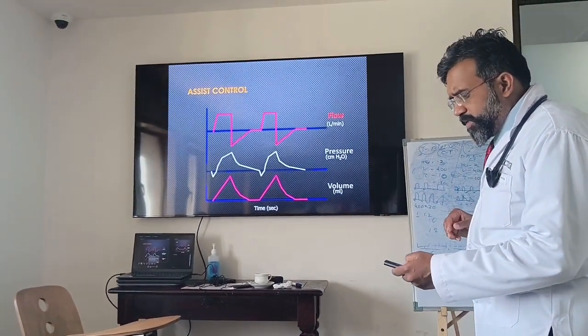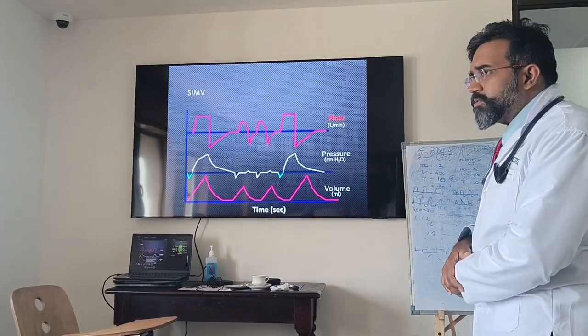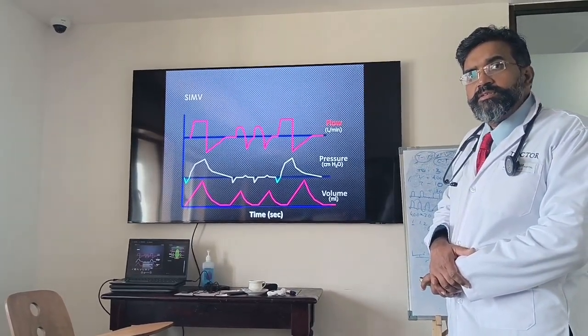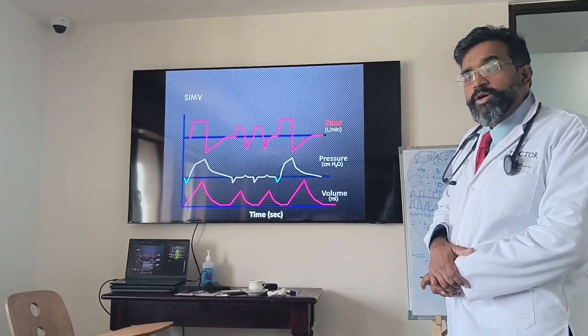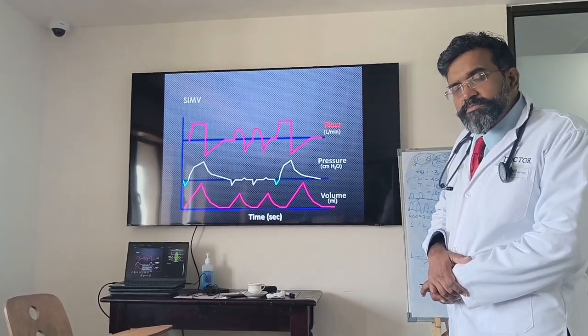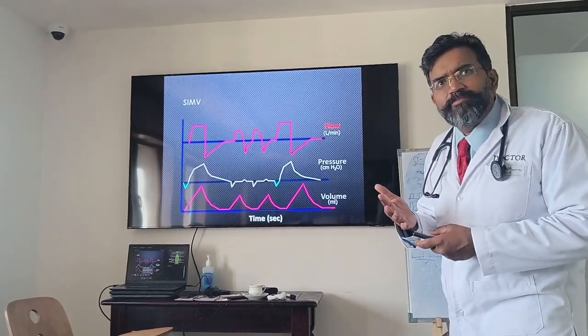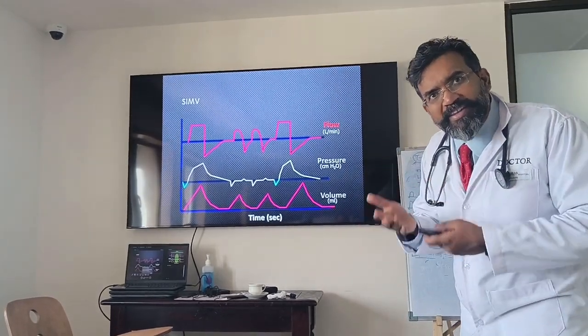What is the difference between this and this? Sir, if the patient is taking a breath, the machine will not interfere in it. The machine is not giving that breath, but it is allowing the patient to breathe.